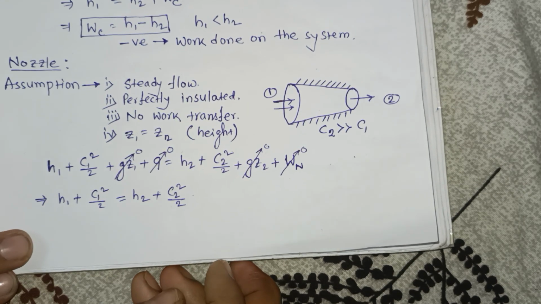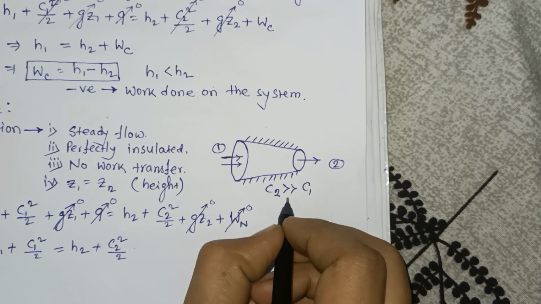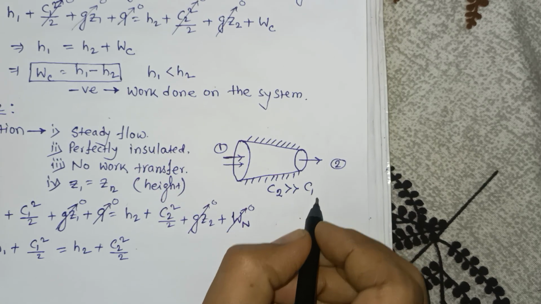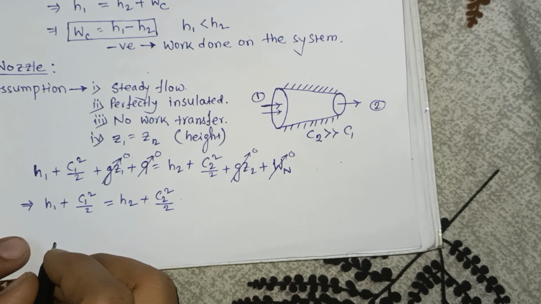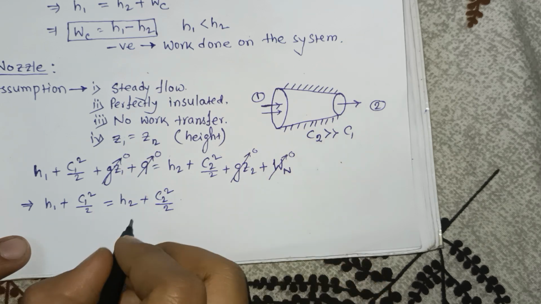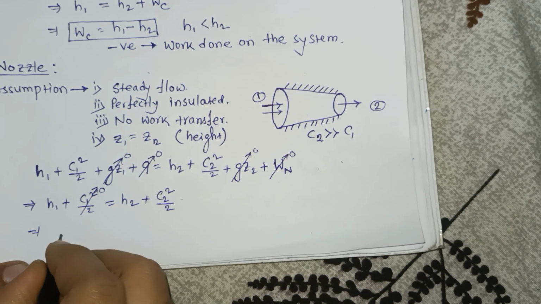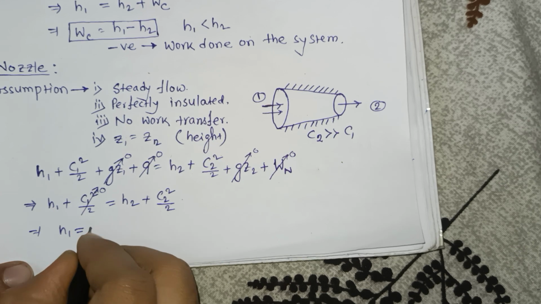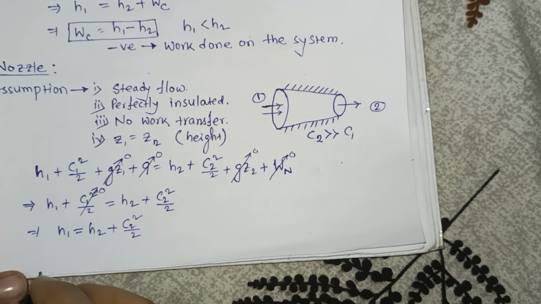Now the velocity C2 is much greater than C1, so exit velocity is greater than inlet velocity. That is why C1 square by 2 is neglected. So from here you can say that H1 equals H2 plus C2 square by 2.